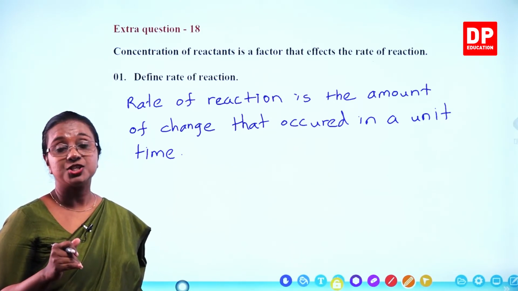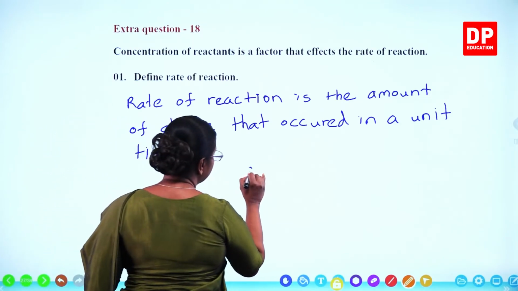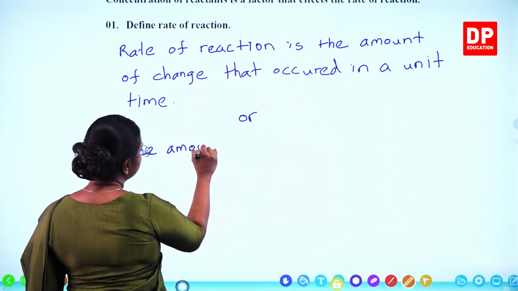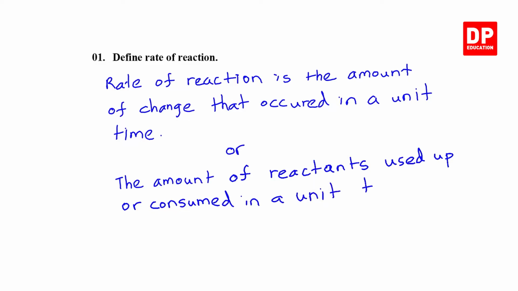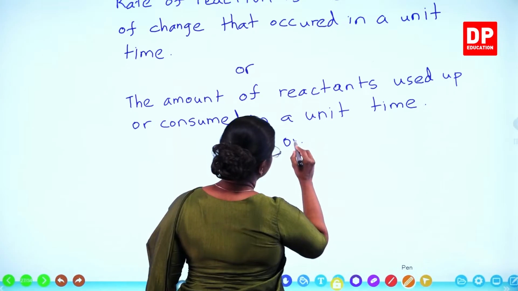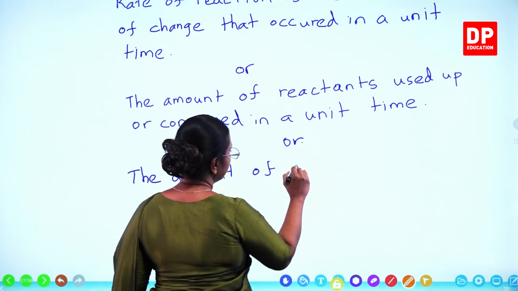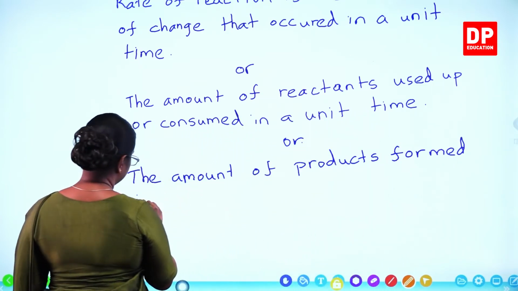If you are to calculate rate of reaction, you can say the amount of reactants used up or consumed in a unit time, or it can be the amount of products formed in a unit time.